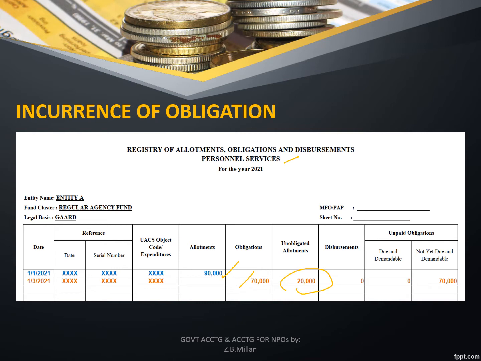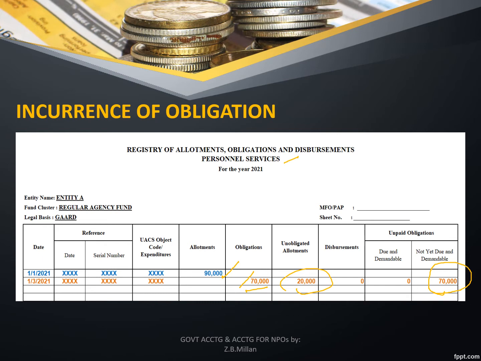Kung mapapansin, yung ating obligations na 70,000 is still classified as not yet due and demandable. Bakit not yet due and demandable? Kasi nga, hindi pa siya complete transaction.